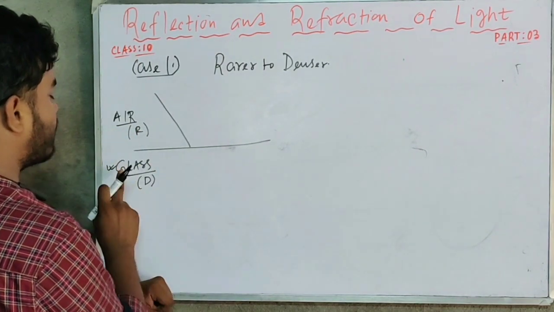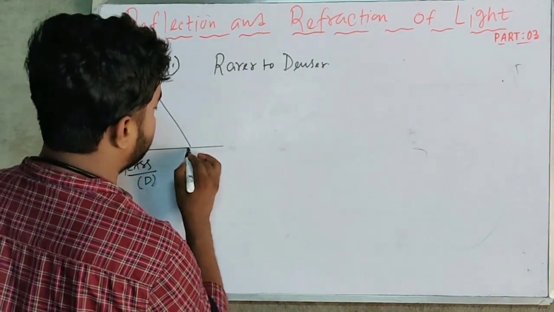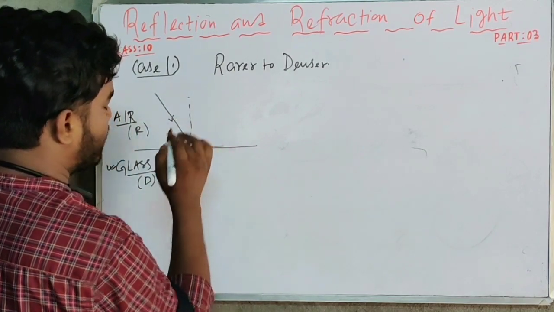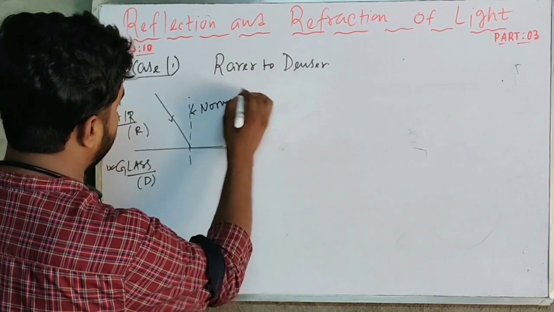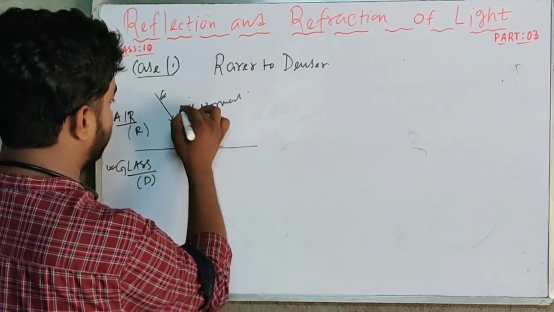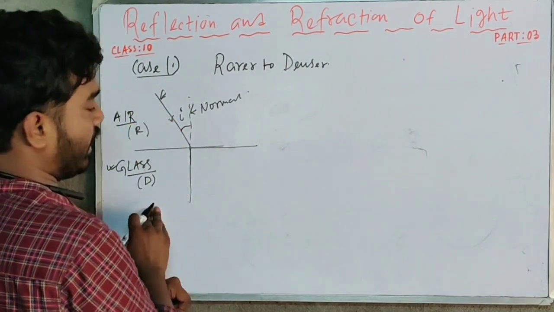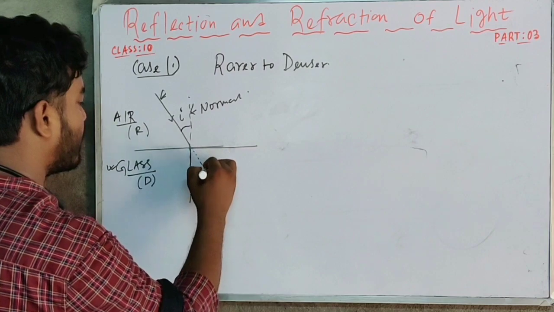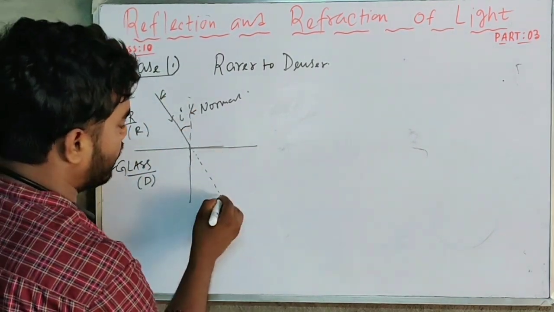Because the refractive index of glass is more with respect to air, and this is the surface interface, light is incident here. At first we have to draw a perpendicular, which is called the normal. This is the incident ray, this is the angle of incidence, and here light travels from rarer to denser. If there is no change of medium, light goes this way.